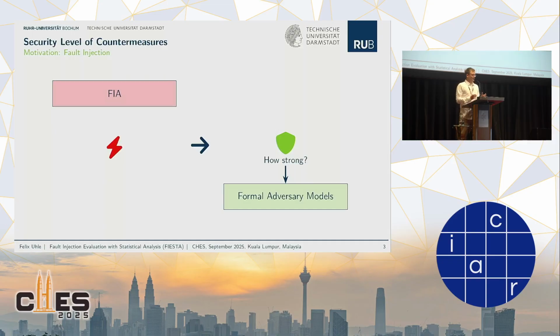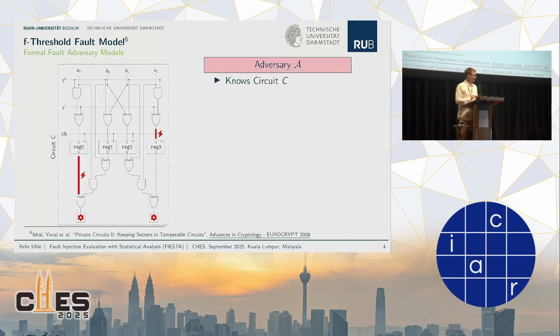To say something about the strengths of our countermeasures, against which adversaries they work, we need formal adversary models to do it in a formal way. One of the first, probably the most prominent model, is the F-threshold fault model.